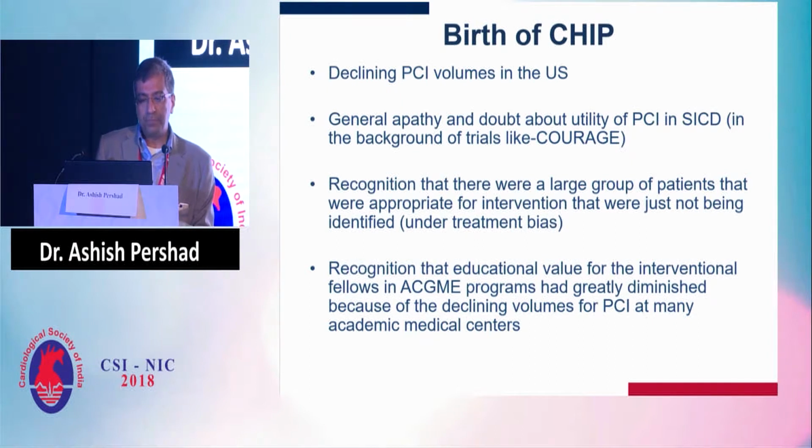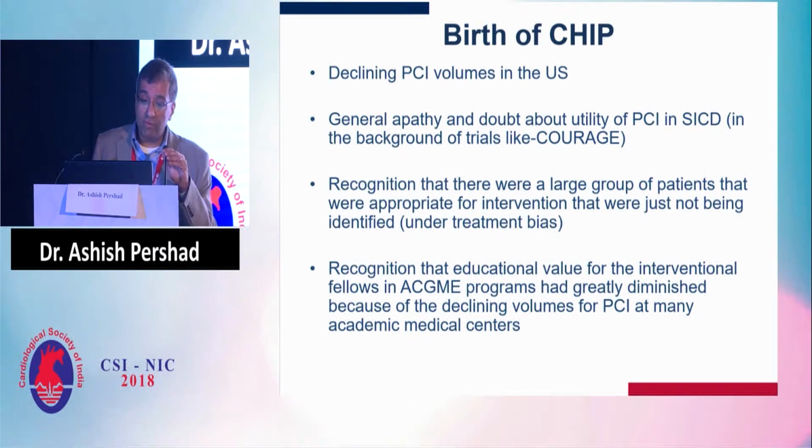The general apathy and doubt was not just based on jealousy, but on the fact that they honestly believed that PCI in stable ischemic coronary disease, in the background of trials like COURAGE, this was even before ORBITA, was not essentially helpful, and hence they weren't being sent.